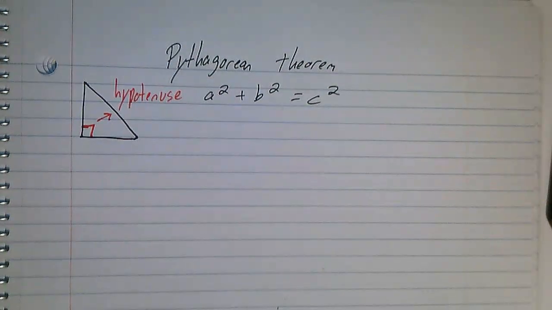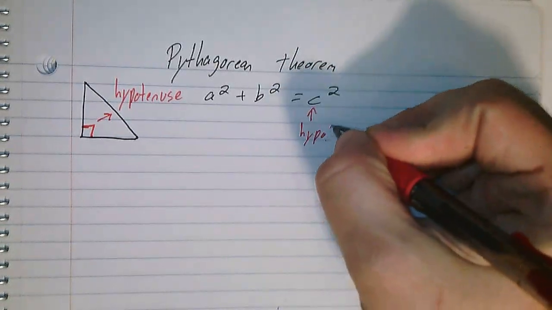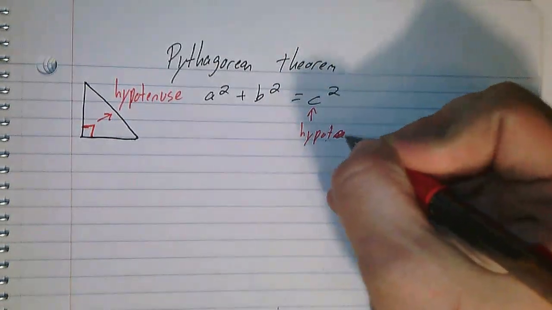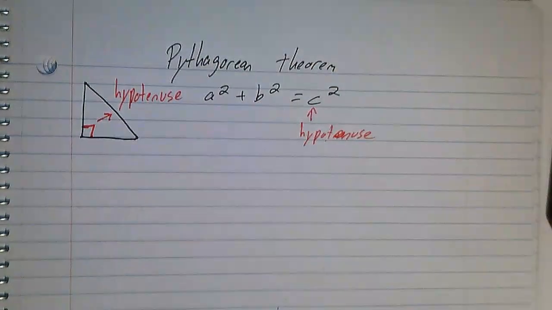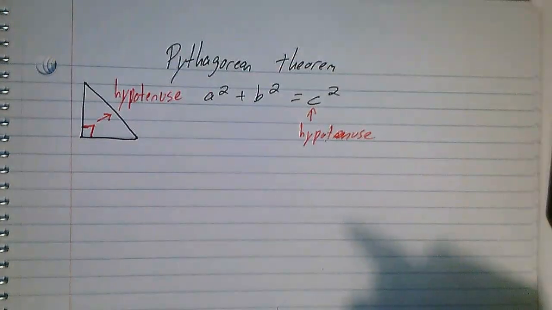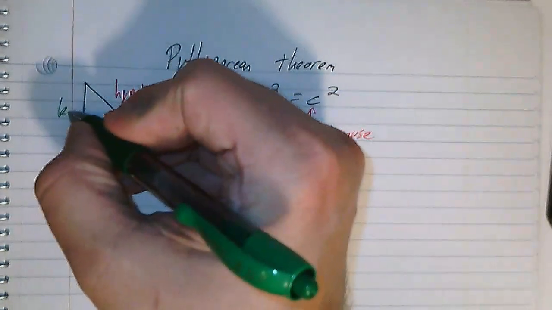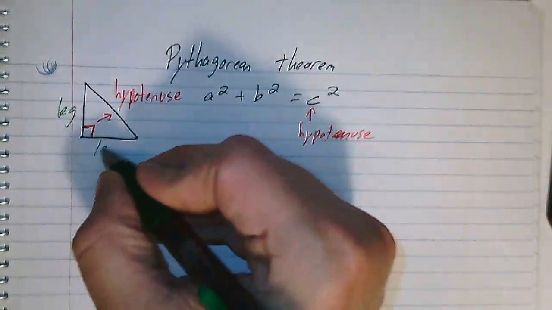C is your hypotenuse. The other sides, your A and B, it really doesn't matter which one is A and which one is B. They're just called the legs.